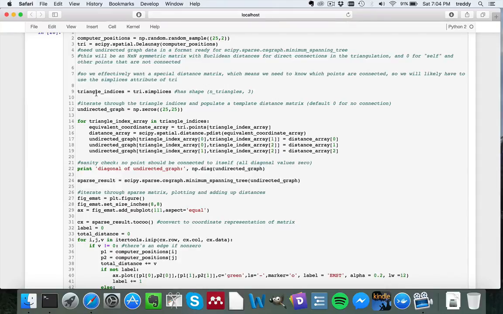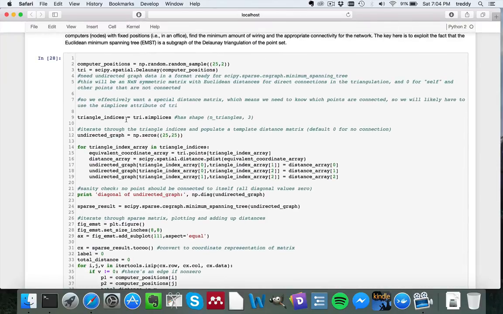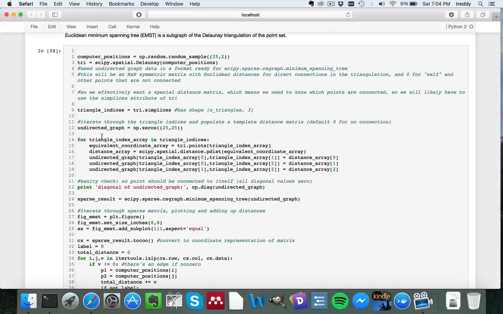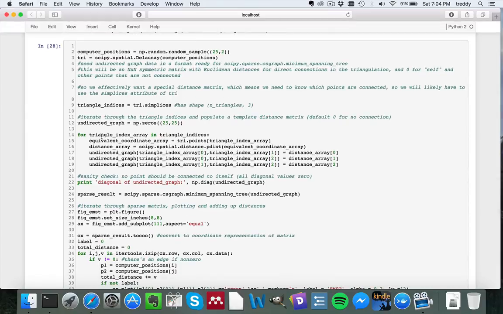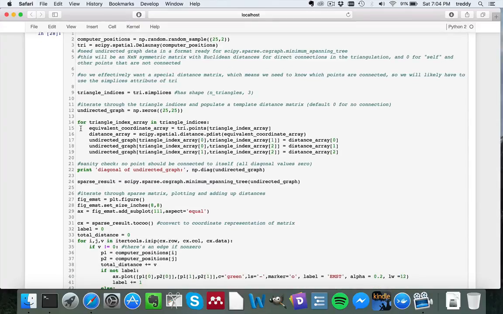Because the triangle will connect a given node to at least 2 others by default. That's how we narrow down the initial search space for this minimum spanning tree algorithm, because the Delaunay triangulation gives us a starting configuration with more edges than we need, but certainly a starting configuration that narrows down the number of possibilities.